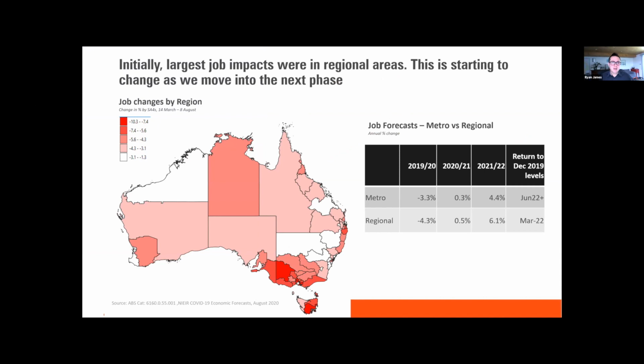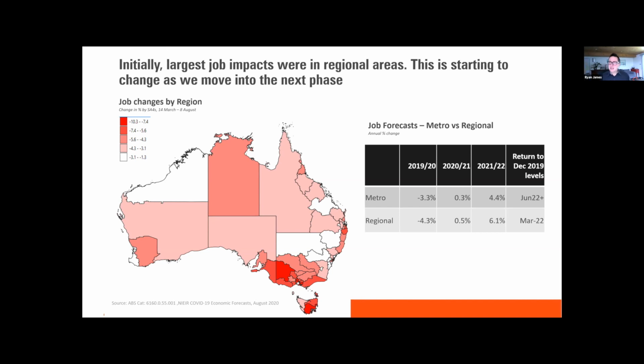But before I do that, I just wanted to point out that initially the job impacts were in the regional areas, but it's starting to have a bit of a shift as we move into this next phase. We're seeing that our modelling is showing that a lot of the regional areas aren't, as a percentage, as reliant on tourism as some of the major capitals and some of the capital city LGAs, local government areas.